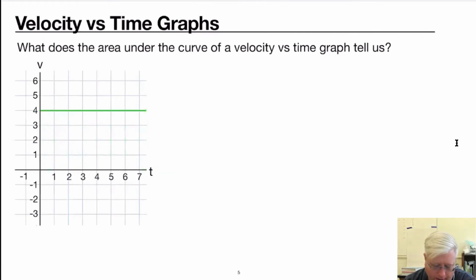Well, we know area is length times width. So this is the width, that's the change in velocity. So area is change in velocity, times what? The length, which is the time interval.